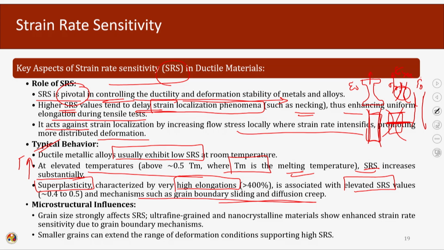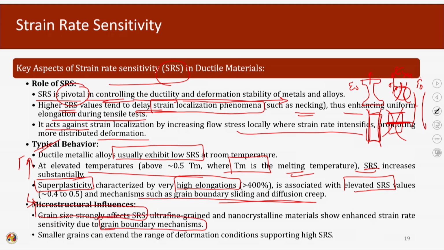There will be an influence of the microstructural configuration also. Grain size will strongly affect the strain rate sensitivity. Ultra fine grains and nanocrystalline materials show enhanced strain rate sensitivity due to grain boundary mechanisms.